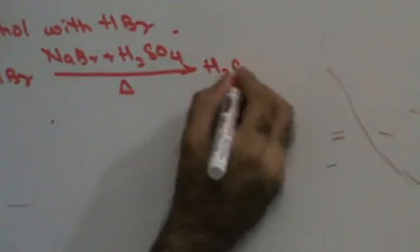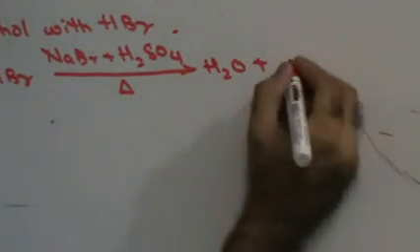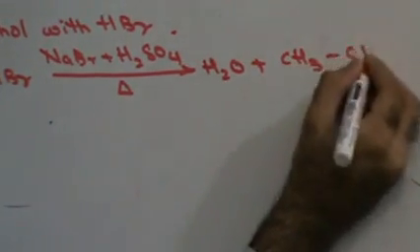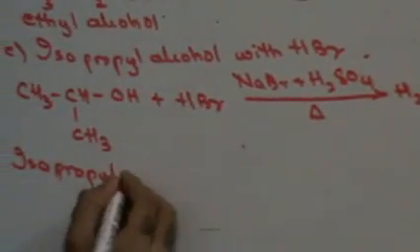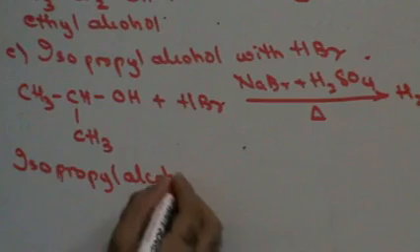Heat the reaction. Dehydration takes place, water molecule comes out, that will give you CH3CHBrCH3. This is isopropyl alcohol and this will give you isopropyl bromide. Fine, we get this thing here.